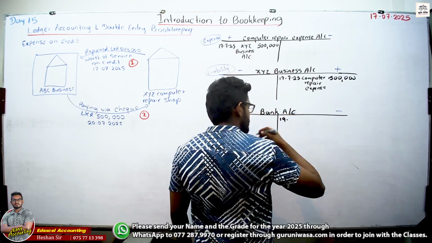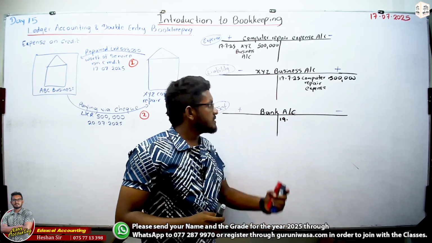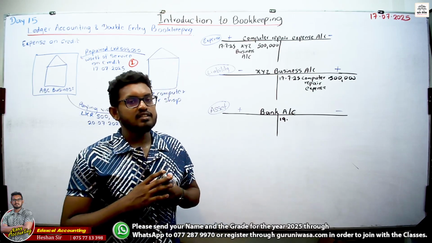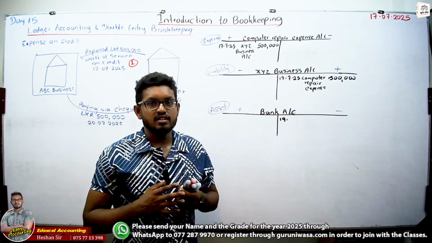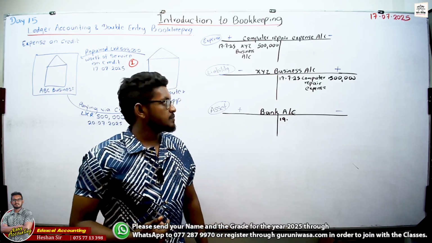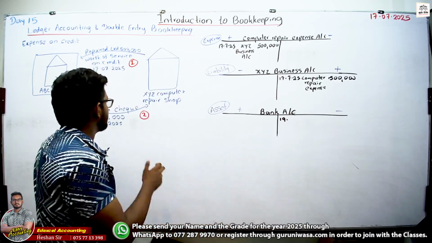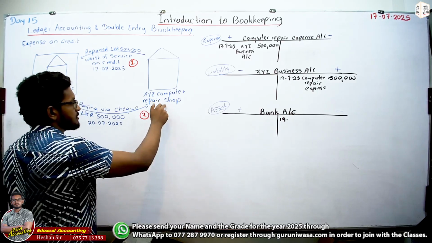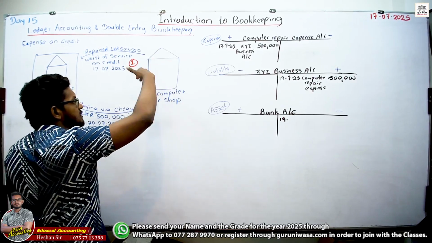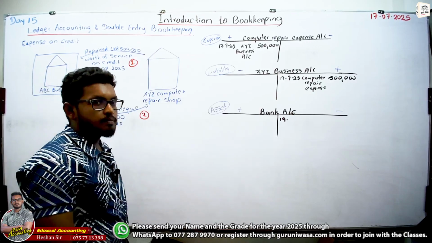When the business issues a check, now think this business is issuing the check. Just issuing a check doesn't mean money is transferring, but at the point of the issue, think this business is issuing the check on 19th to this XYZ business. Think this business's bank account is in BOC bank.